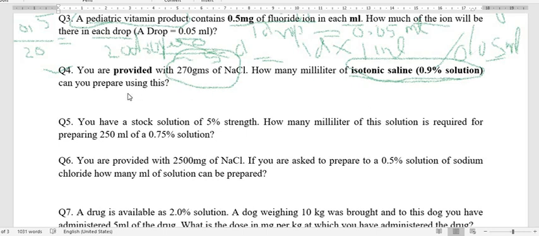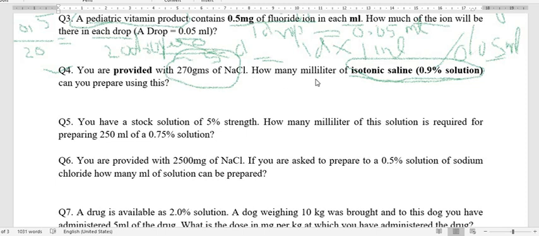They are asking, by using this 270 grams of NaCl, how many ml of isotonic solution you will prepare. So you have to calculate how.